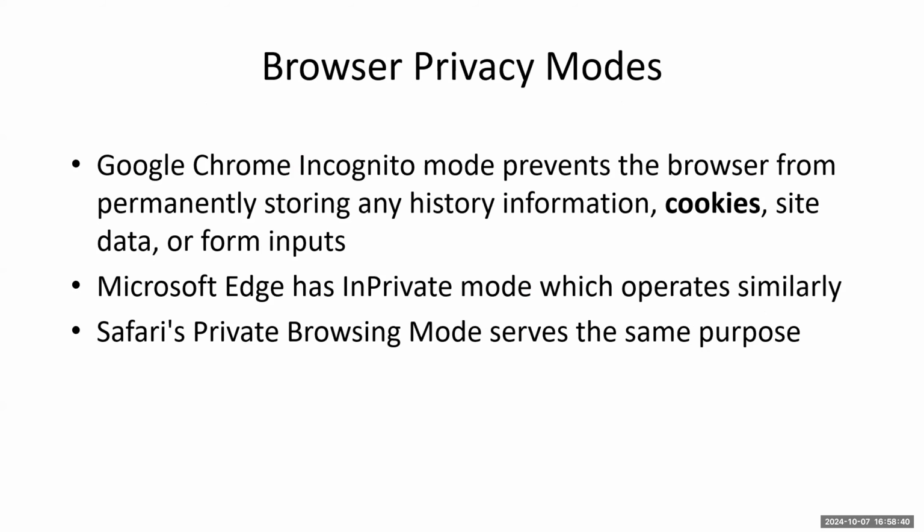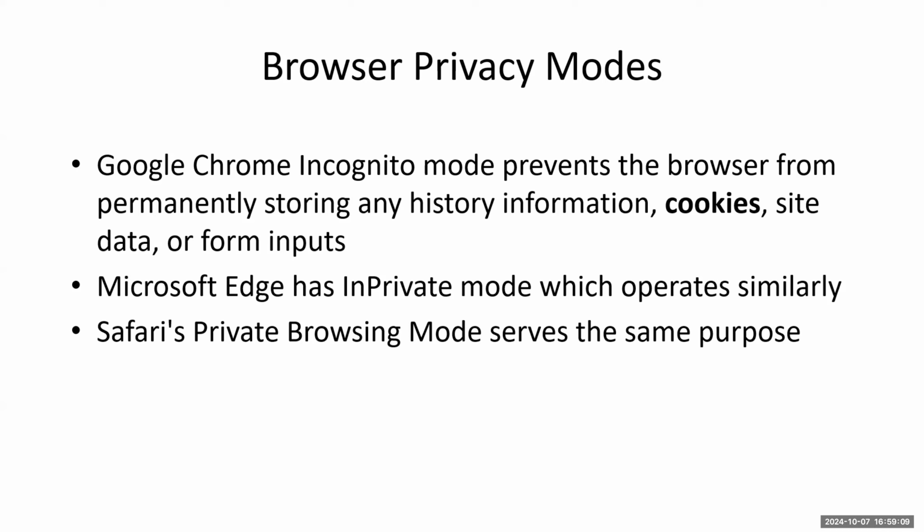If you don't want the website to collect information, or you don't want the cookies, there's incognito mode in Chrome. It's private mode in Microsoft Edge, and there's also private browsing mode in Safari. All of them have it, and they keep the system from storing information. They store it, but then when you close the browser or log out of the website, it erases all the cookies, all the history you store.